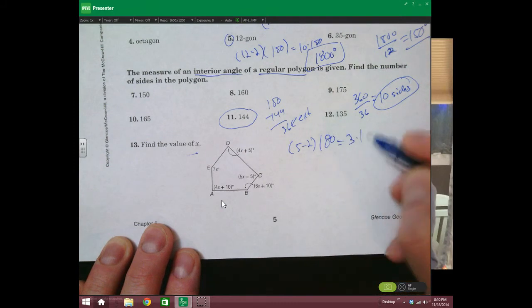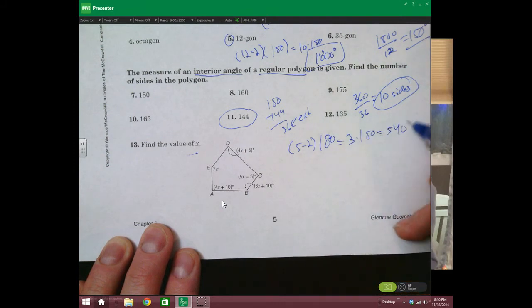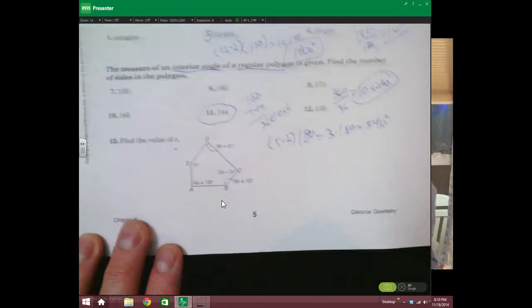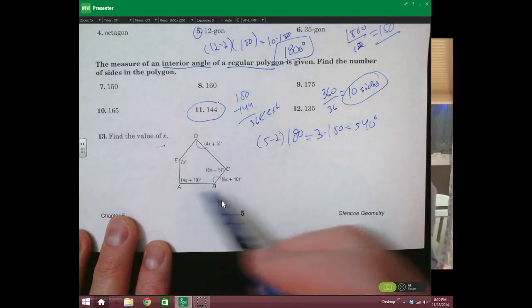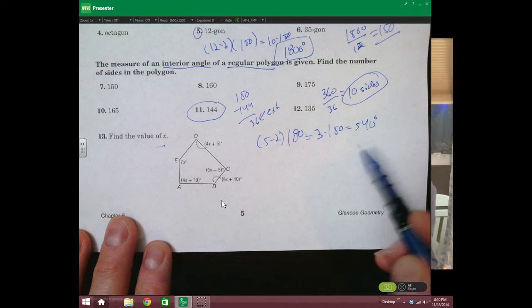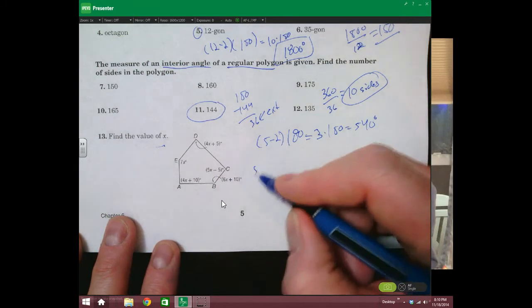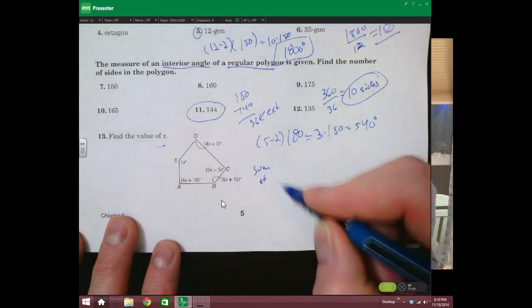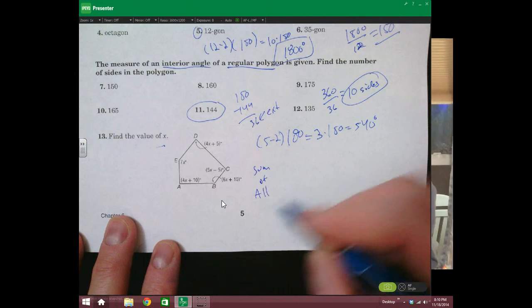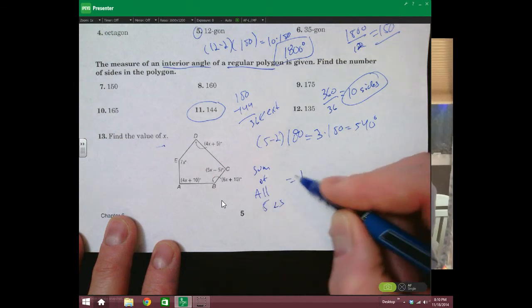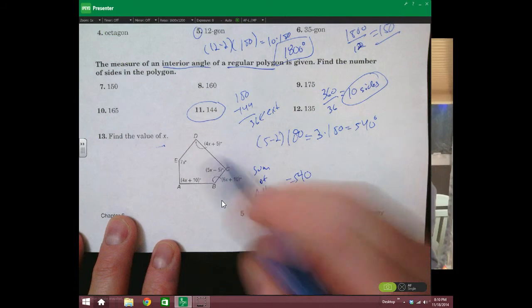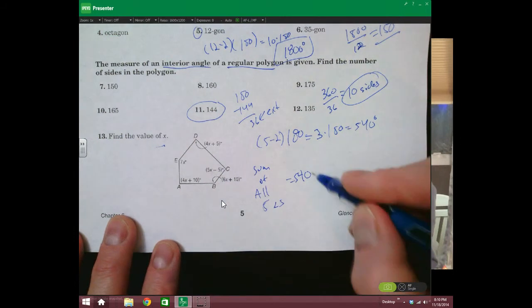That's 3 times 180, which is 540. So it's 540 degrees total inside this polygon. Just add up all the angles, set them equal to 540, set that equation up and then go and solve.